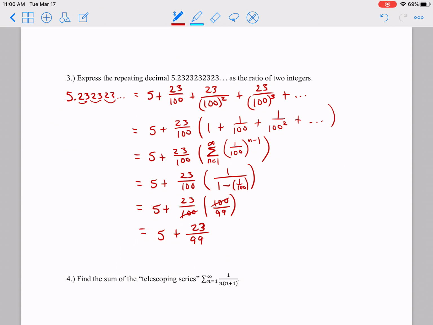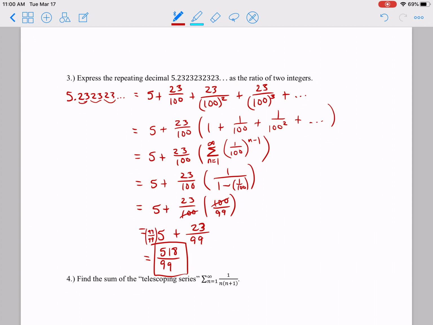Okay? And if we really wanted this as the ratio of two integers, we make them both have the same denominator, so multiply the 5 by 99 over 99, right? And you'll end up getting 518 over 99. Okay, so there we go.